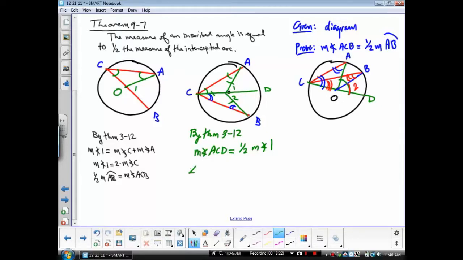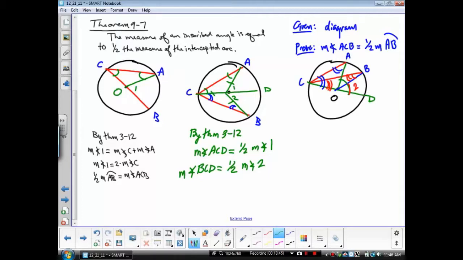So, the measure of angle BCD is 1/2 the measure of angle 2. Everyone's agreeing and understanding what's happening here.